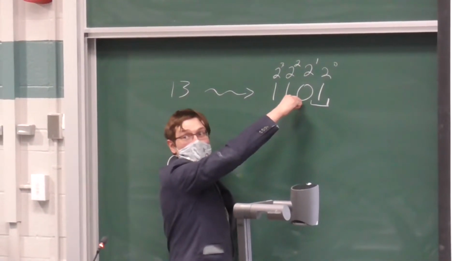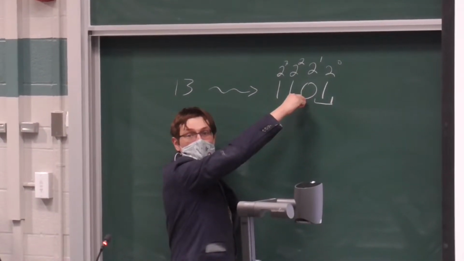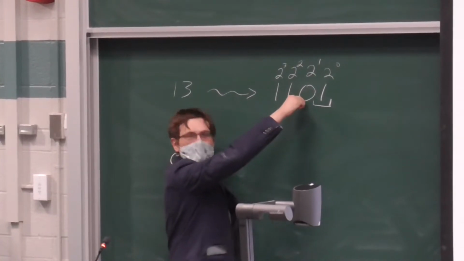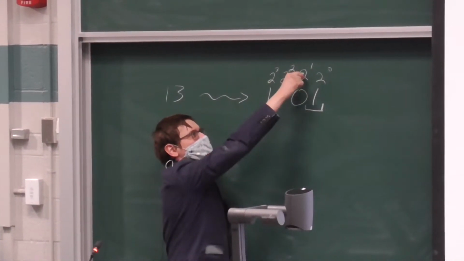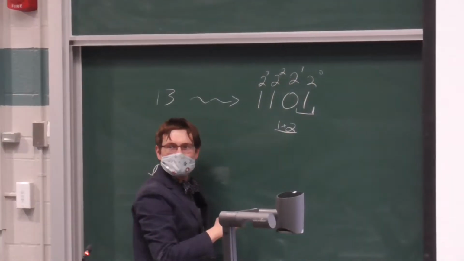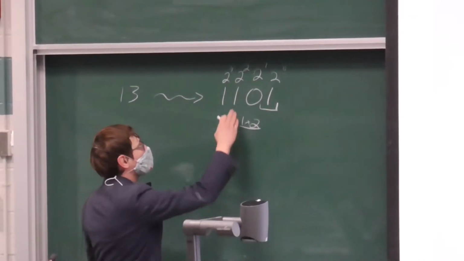Is this divisible by 2 if it were a 1? Yes, because it would be 1 times 2, and so that's divisible evenly by 2, right? So no remainder. What about this one?